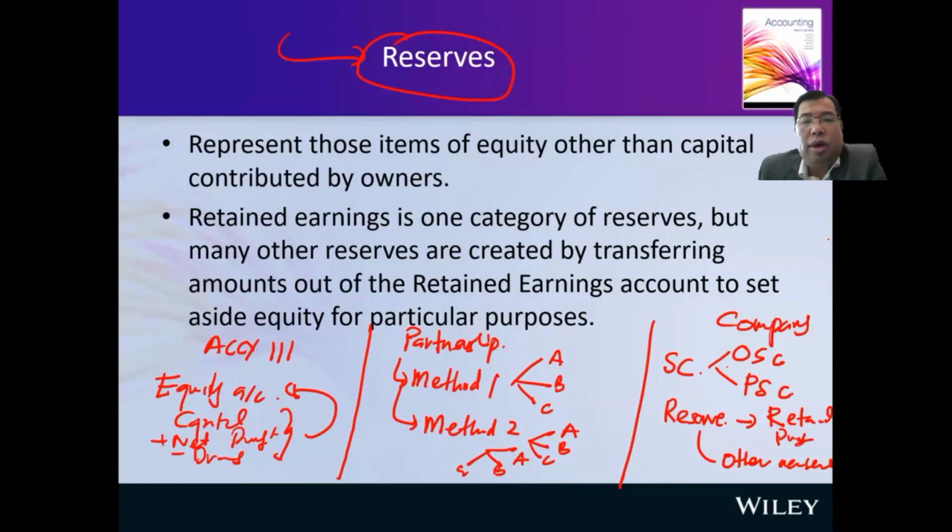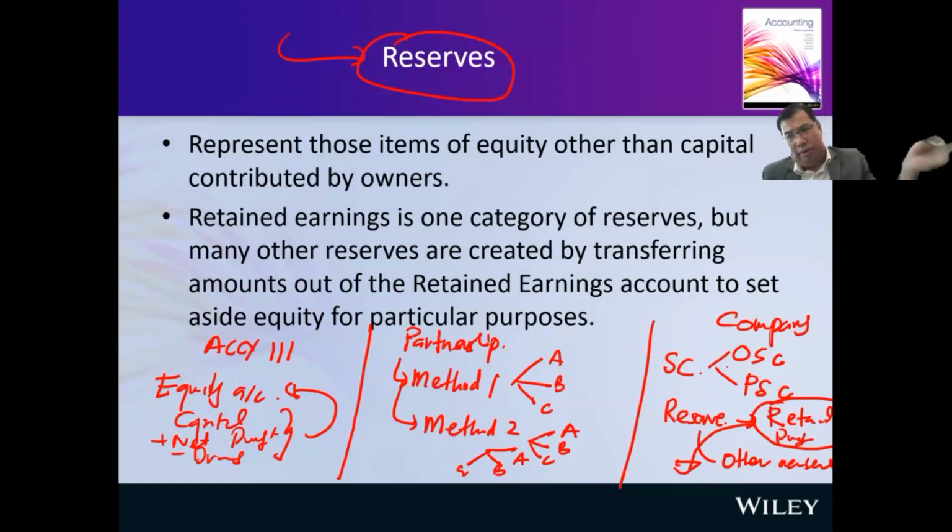So retained earning is one category of reserve, but many other reserves are created by transferring amounts out of the retained earnings to accounts to set aside equity for a particular purpose. Sometimes from these retained earnings, you can transfer that money to a special reserve. You can put general reserve accounts for other purposes.